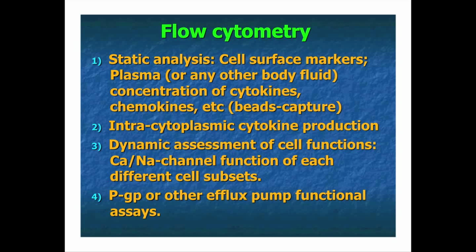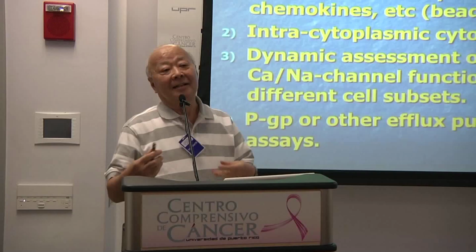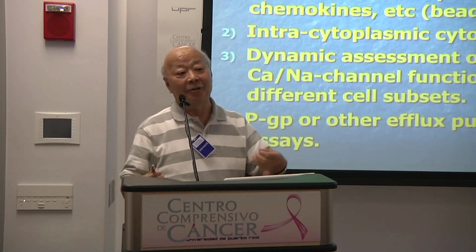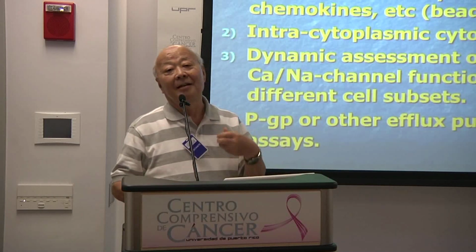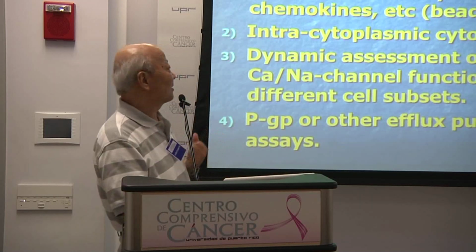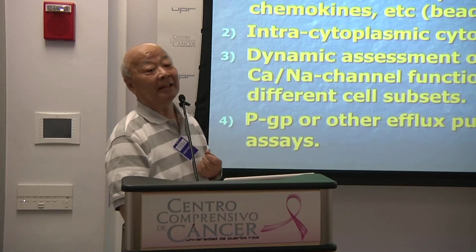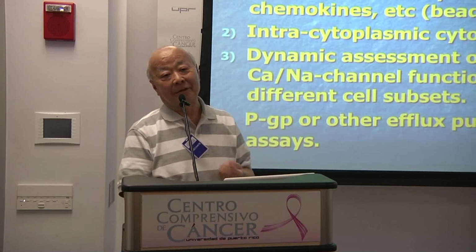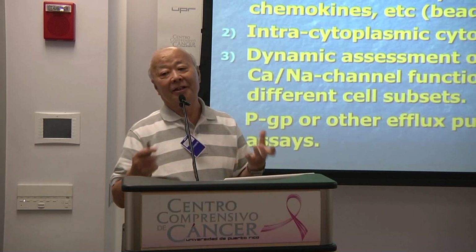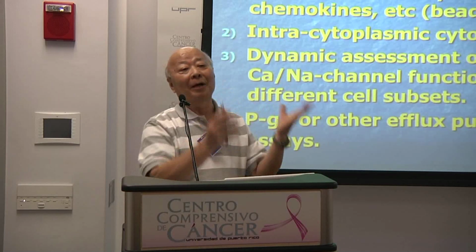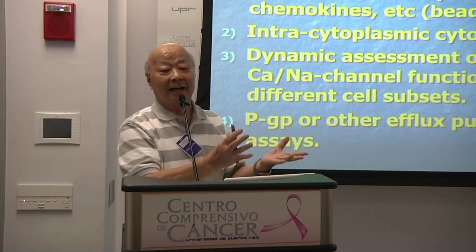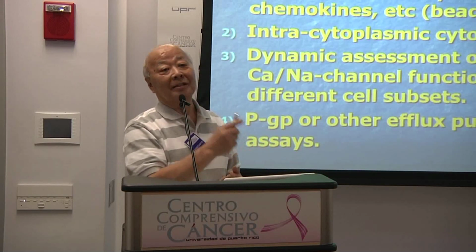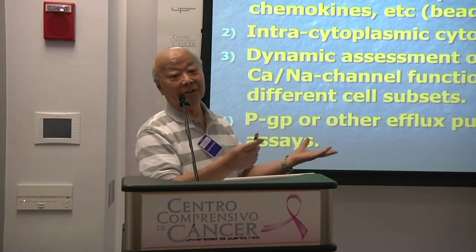So you stimulate the cells and look at how much cytokine, chemokine they do produce, and so you can assess the functional aspect of the cells. And good thing is you can look at each different subset of the cells. And instead of saying in overall how much cytokine, for example, they are producing, you can say what cells are producing how much.